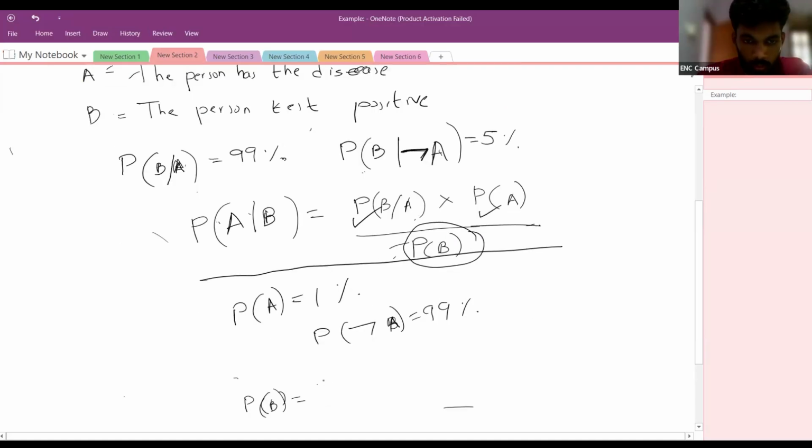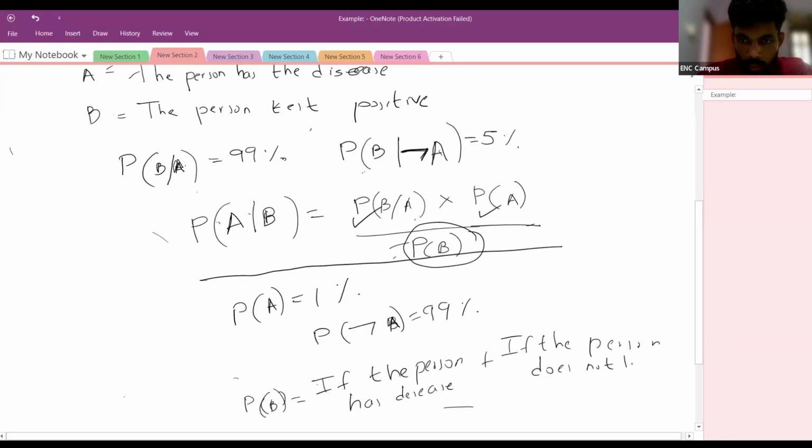The person can test positive in two ways: if the person has the disease, plus if the person does not have the disease.